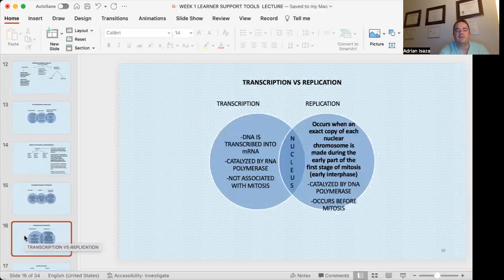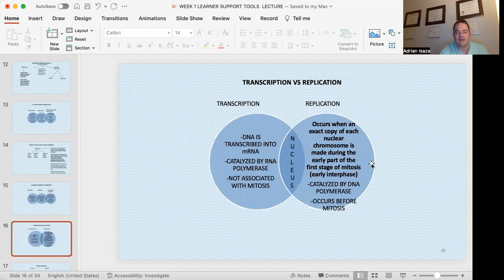There is a bolded part, I think, later on, but let's move on to the next topic: replication and transcription, things that happen in the cell. Replication occurs when an exact copy of each nuclear chromosome is made during the early part of the first stage of mitosis, early interphase, right? Make sure you know that.